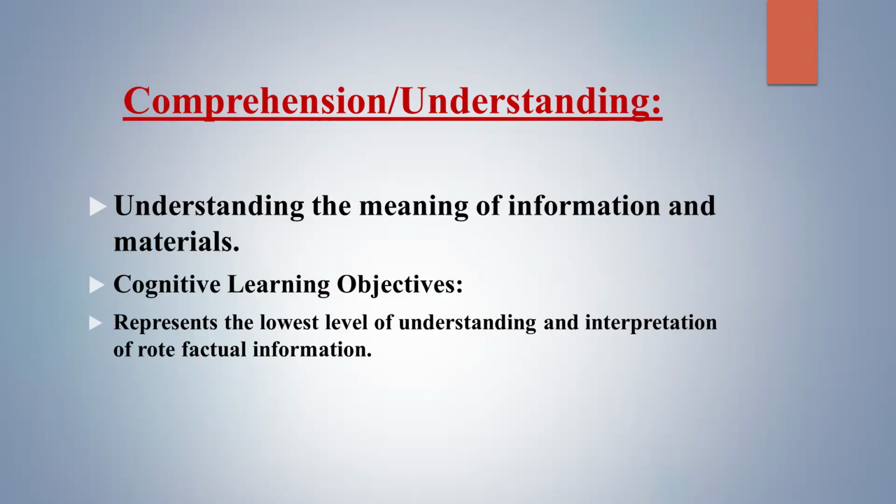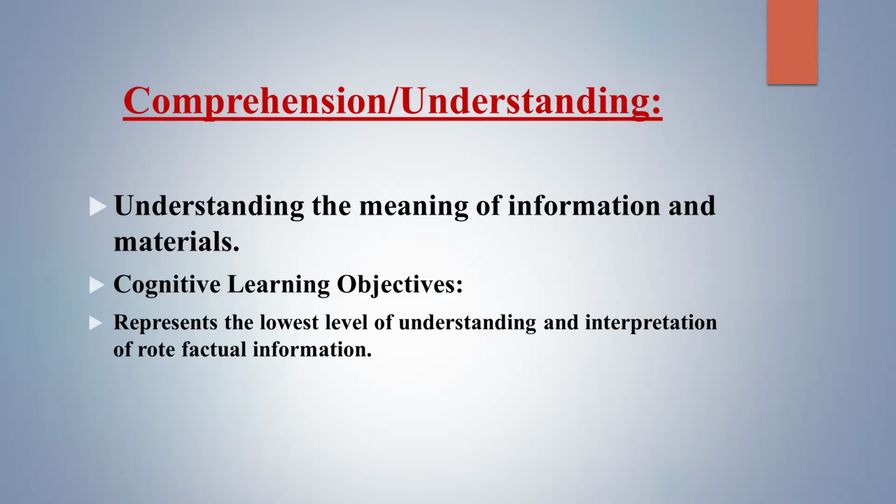And then comes the application stage, which is the third level of the cognitive domain. So application is not taught to us first. We are taught to understand the structure of the tenses. So this is how it works.